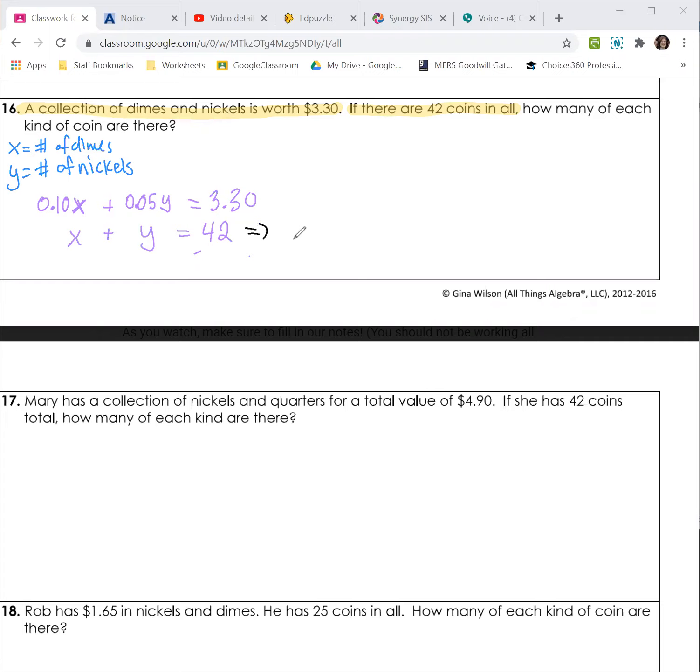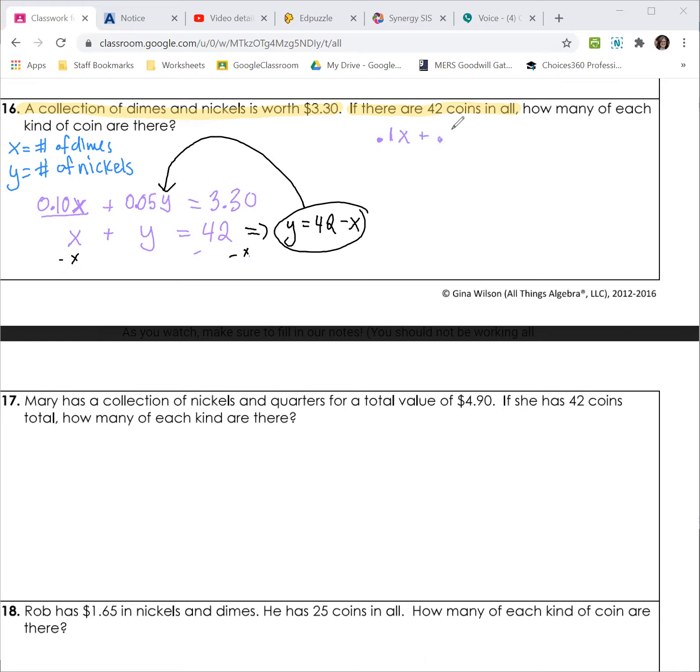I am going to solve for y, and it doesn't matter which one. So I'm going to subtract x from both sides, and I have y equals 42 minus x. This is going to be my substitution that I'm going to put into my other equation. For writing's sake, I'm just going to write 0.1x. That's the same thing. 0.1 is the same thing as 0.10.